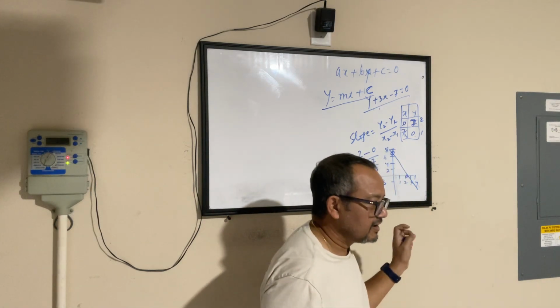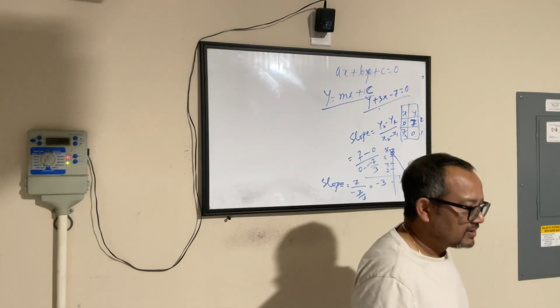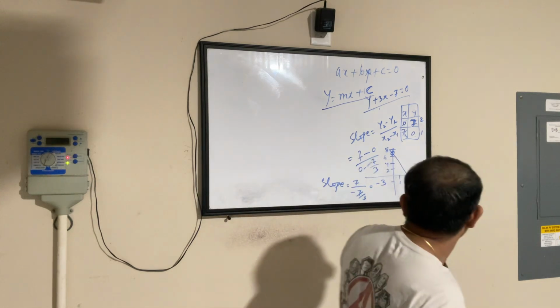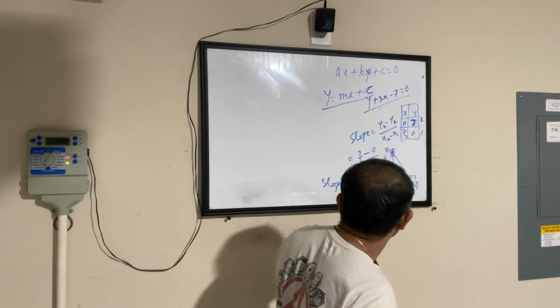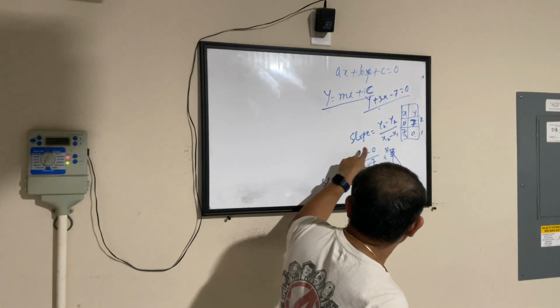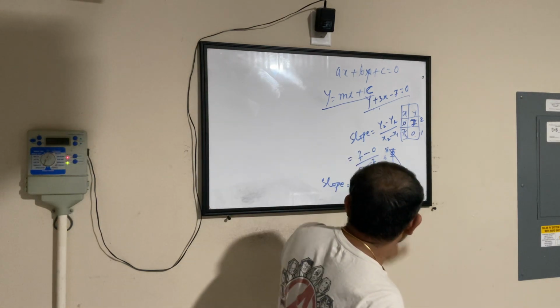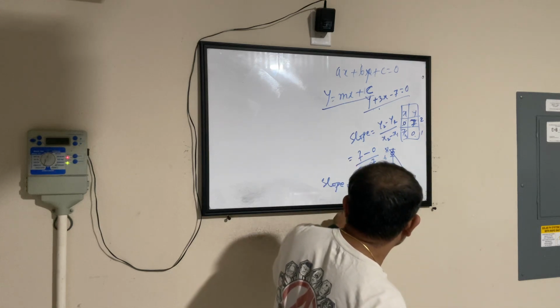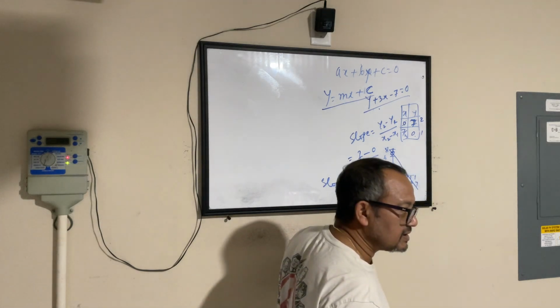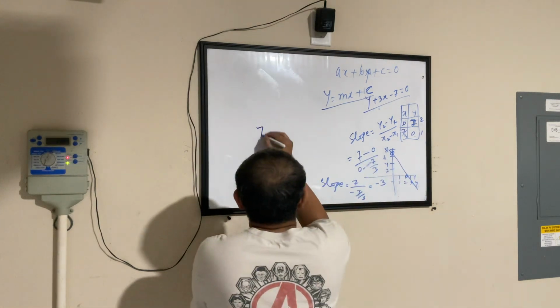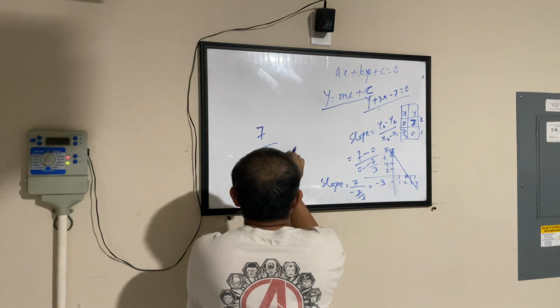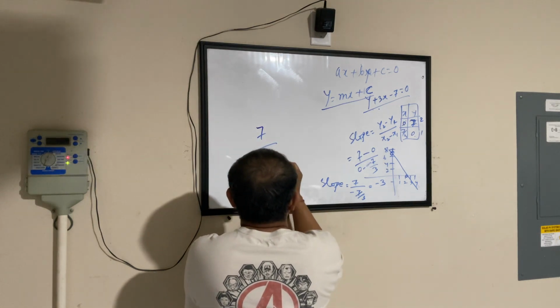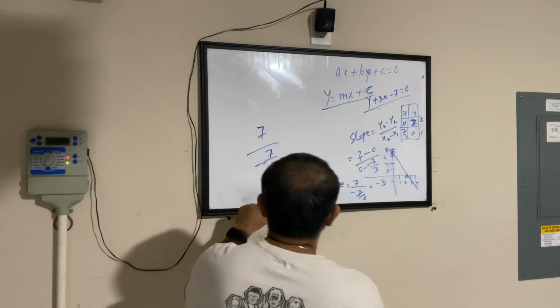How do you do 7 divided by 7 by 3? It is 7 minus 0 divided by 0 minus 7 by 3. So this became 7 divided by minus 7 by 3. Is that what you are asking? This is simple.